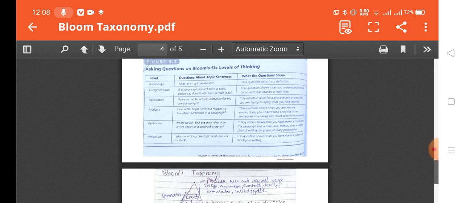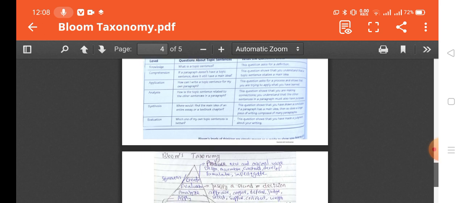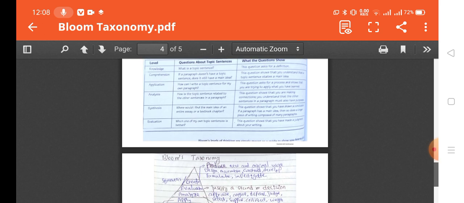This question shows that you have made a judgment about your writing. So Bloom's levels of thinking are simply meant as a guide to show that you have to think more critically and creatively.